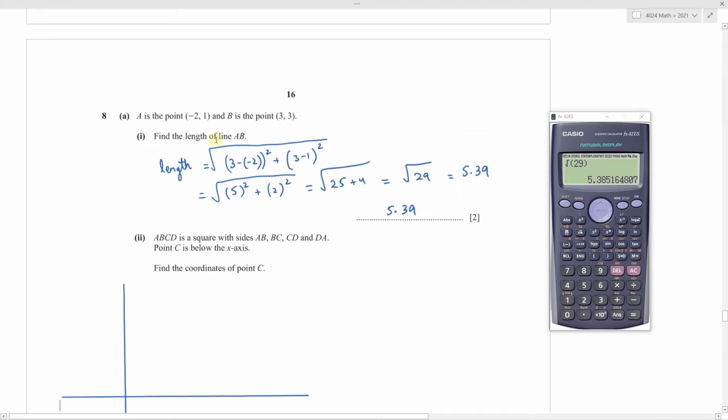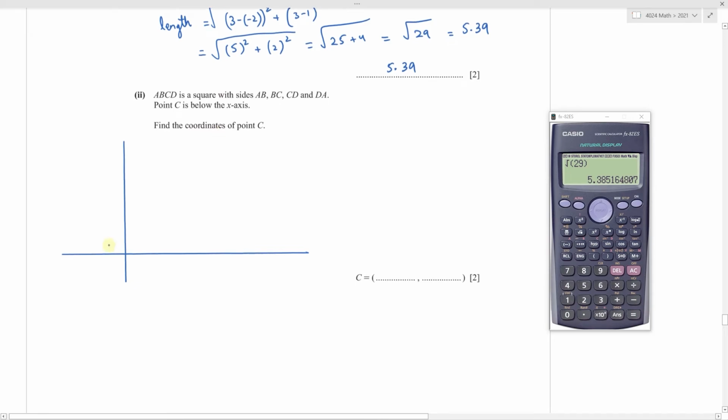So now you have A is -2 and 1. So if this is 0, -1, -2, and then 1, 2, 3, 4, so -2 and 1 will be somewhere here. This is A.